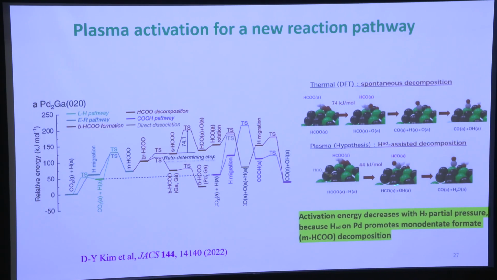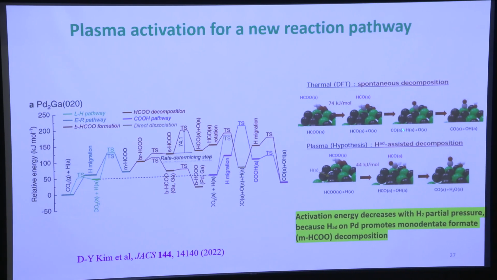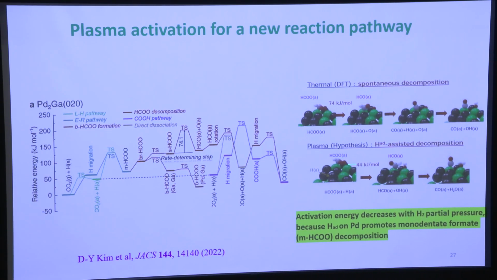So what they found is that the LH pathway probably creates a new reaction pathway to form HCO and CO. So I think this needs to be explained. Even though the quantum chemistry calculation is kind of supporting the materials, it is not very clear that people really see the H on the surface, HCO on the surface, and not much direct dynamics.